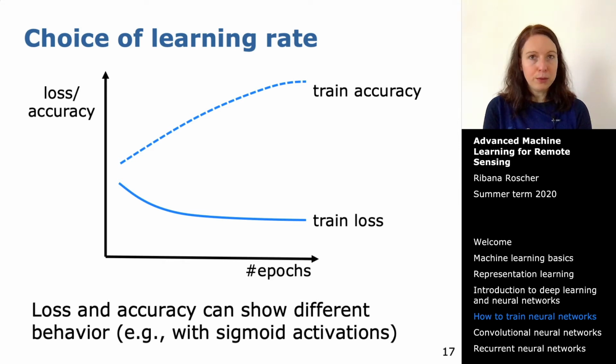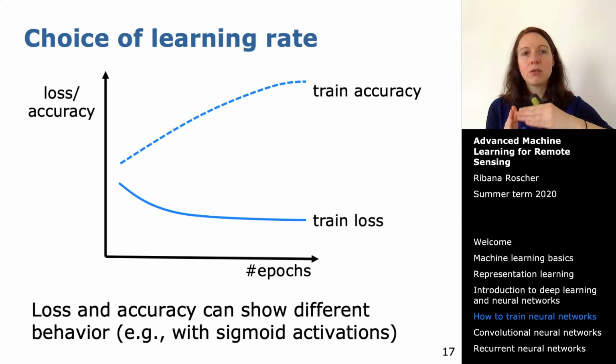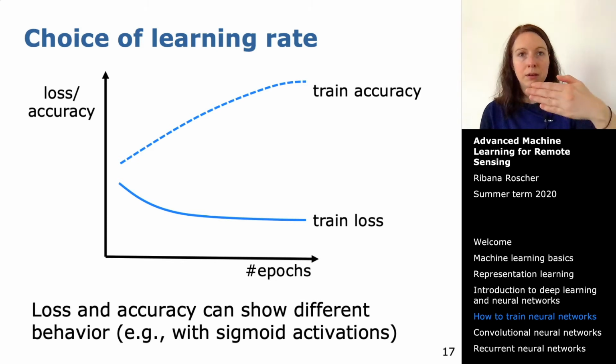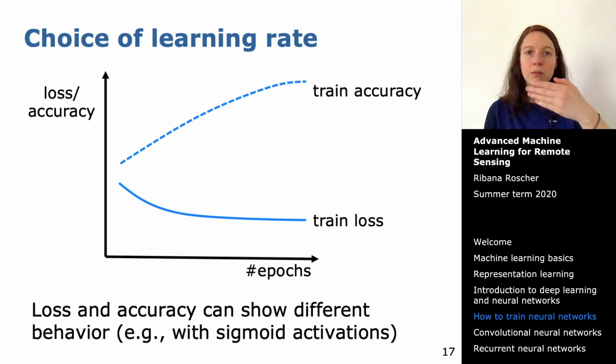So what you see is that if it's near 0.5, the train loss will not change that much. But if you look at the accuracy, if it switches from a little bit larger than 0.5 to a little bit smaller than 0.5, the whole class changes. And when you compute the accuracy, this can change a lot.